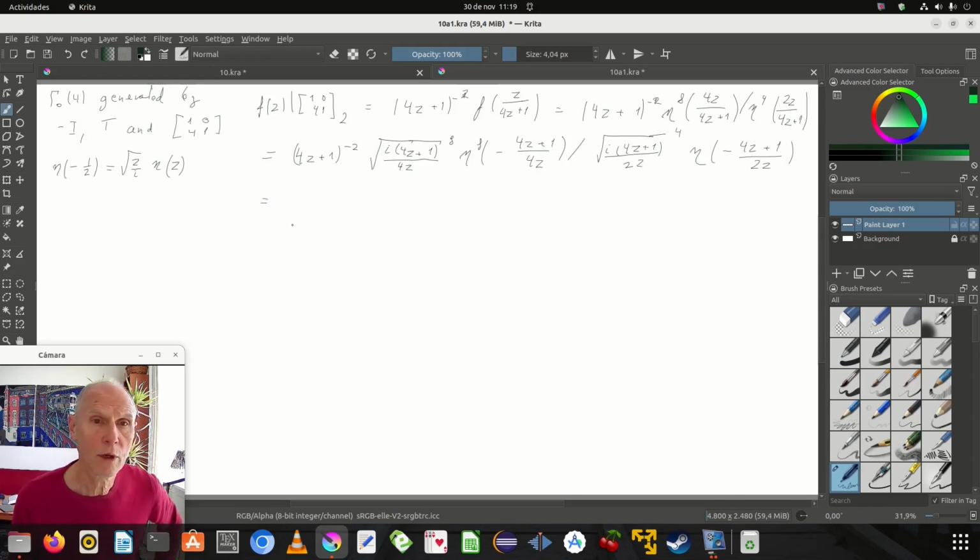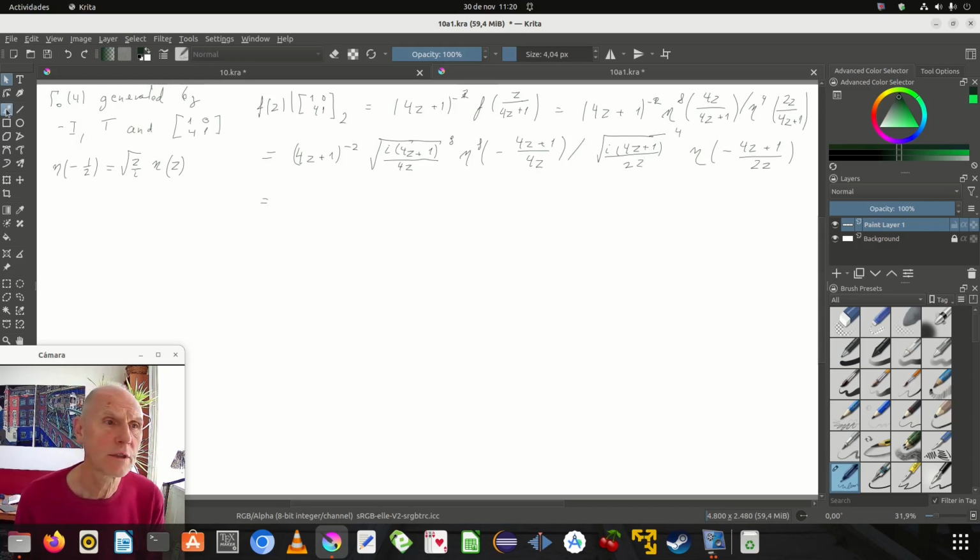So we trot on. 4z to minus second, 4z to 4th, that's 4z plus 1 squared. And that's what we have here in the denominator, so they cancel. Next we have z to minus 4th and z squared.